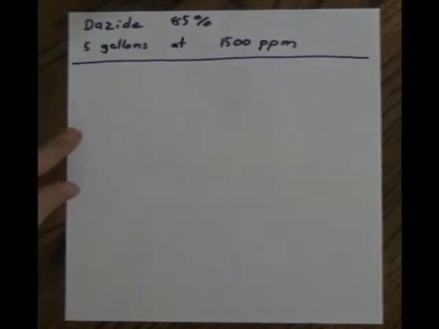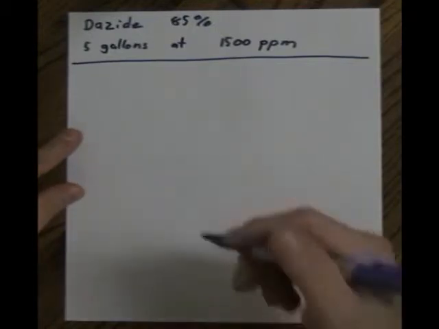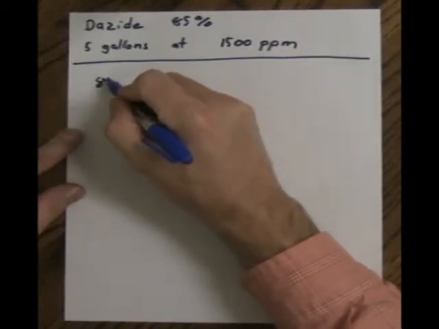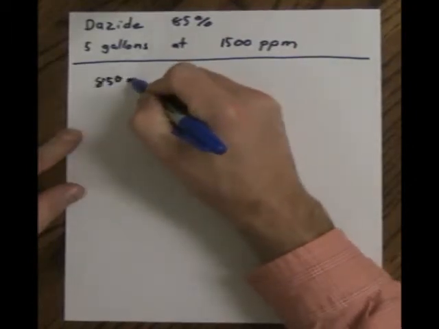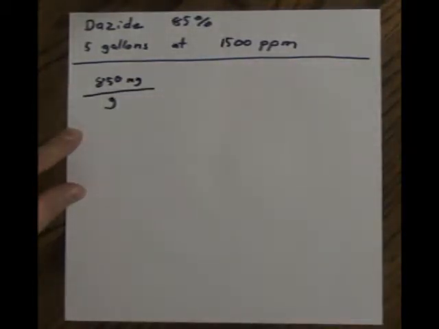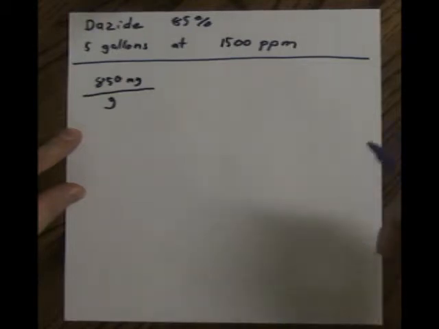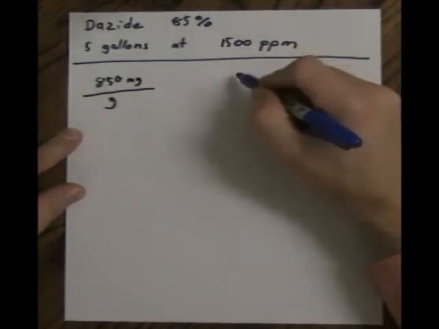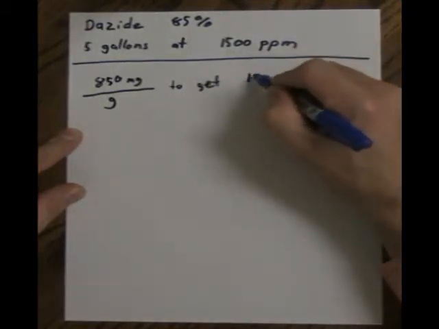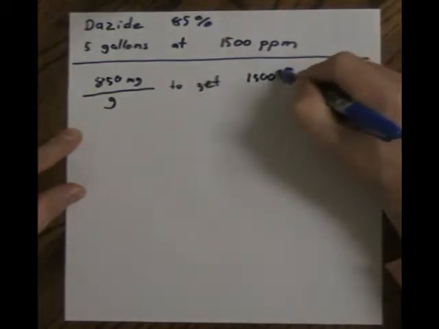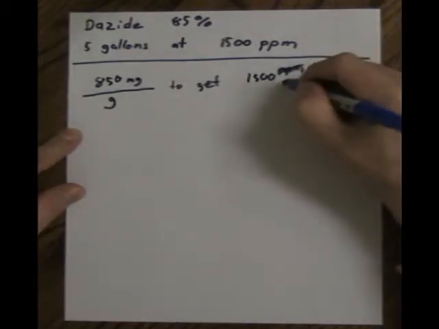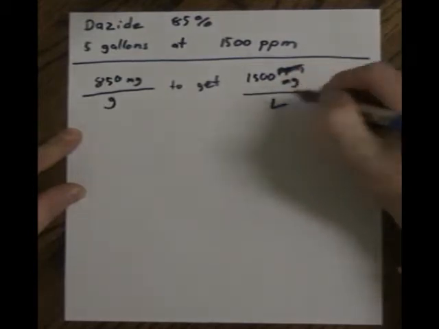Now again, using our conversions for the active ingredient, we know that if it's 85% active ingredient, that's the same as 850 milligrams per gram this time. We were using milliliters, but since it's a solid, it's per gram. And we want to use this to get a solution that's 1500 parts per million, or milligrams per liter.